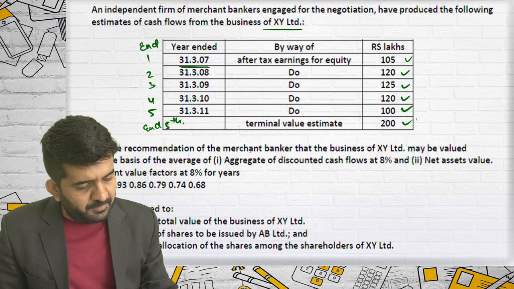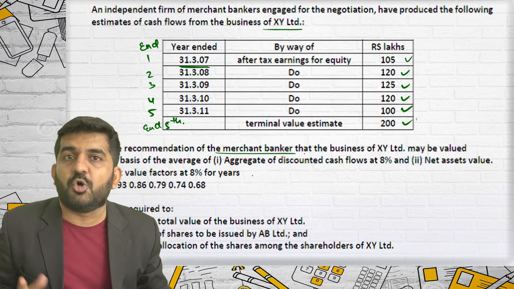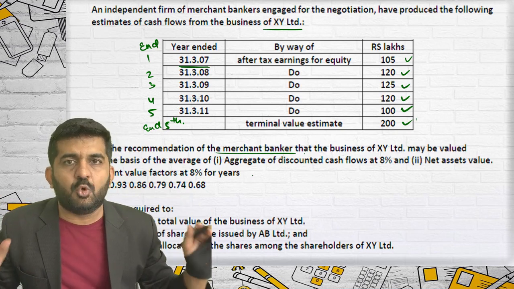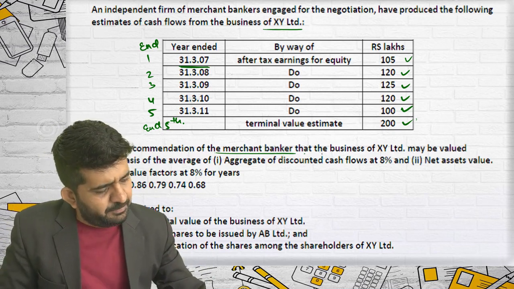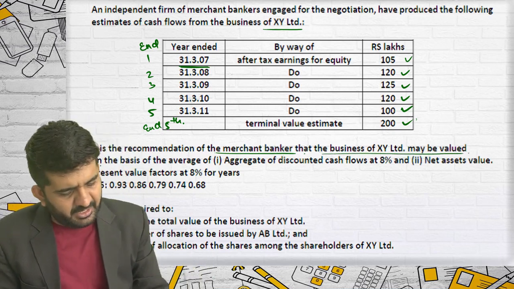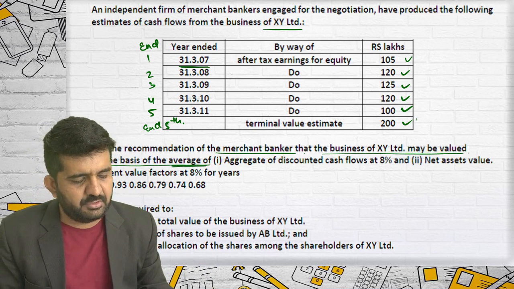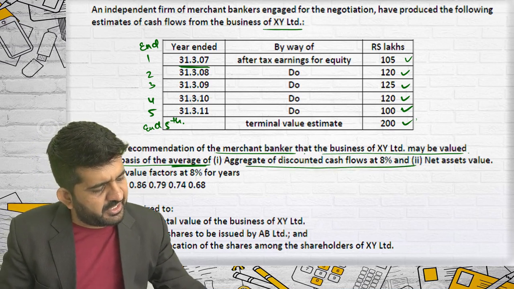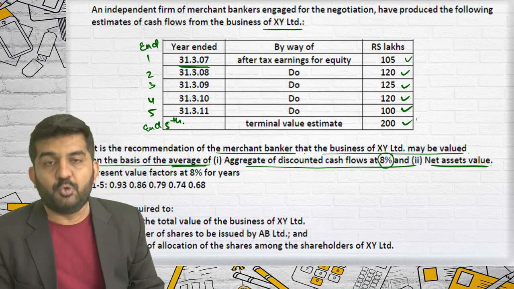It is recommended by the merchant banker. Now why is the merchant banker recommendation important? Both the companies have decided that the merger or takeover will happen based upon the recommendation of the merchant banker, that the business of XYZ Limited may be valued on the basis of the simple average of aggregate of discounted cash flow at 8% and net asset value.